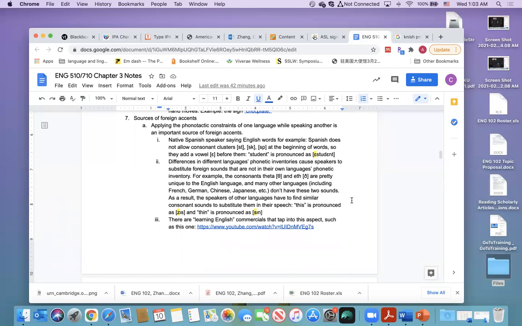For example, native Spanish speakers have difficulty saying English words with consonant clusters st, sk, sp at the beginning of words, because Spanish does not allow these consonant clusters at the beginning of words. And so they have to add a vowel sound before the consonant cluster to make the pronunciation easier or possible. And so student becomes estudent.